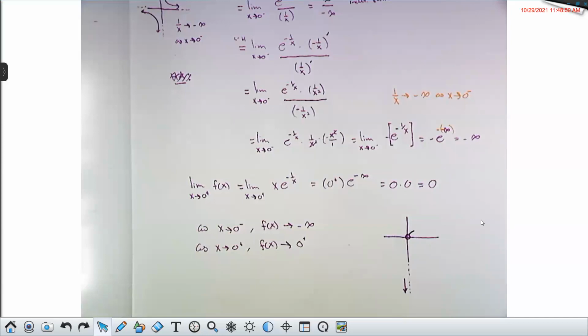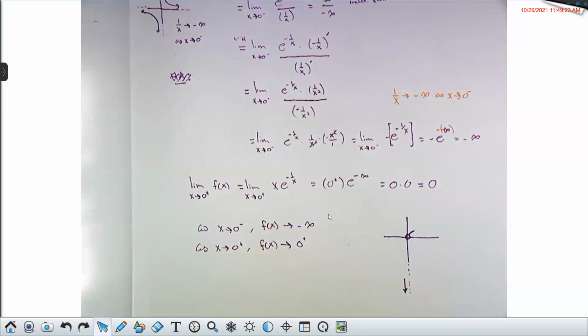Neat, right? I know that this is coming in from above rather than from below because this is a plus. And I know that we're going down on the left because as x goes to 0 from the left, f of x goes down to negative infinity. So this is kind of weird behavior near 0. We don't see this sort of stuff a lot, but it's not that hard to figure out.